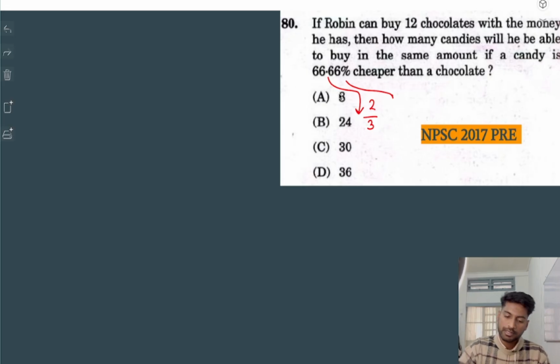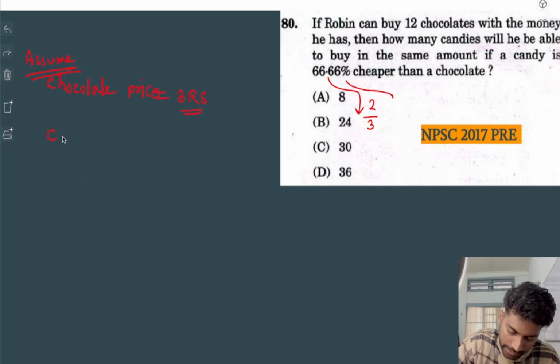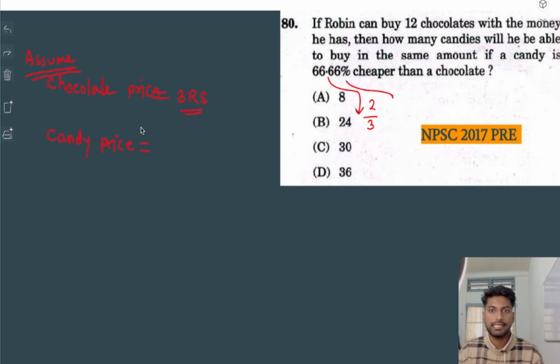Now assume the chocolate price was 3 rupees. Candy price, look. They are saying that candy is 2/3 cheaper than the chocolate.